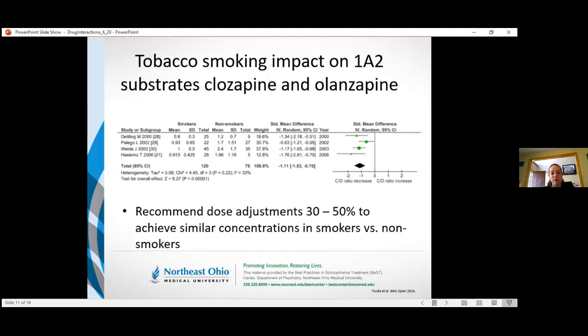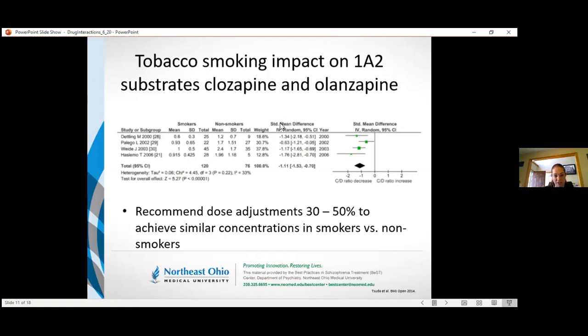This trial was a meta-analysis that looked at a number of studies, and they looked at patients who were on clozapine or olanzapine and had a designation of smoker or non-smoker. And then they were looking at the concentration to dose ratio, and they wanted to compare those that were smokers to those that were non-smokers and see if there was a difference in that concentration to dose.